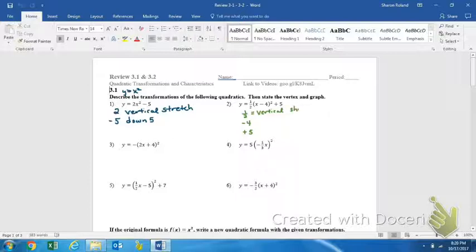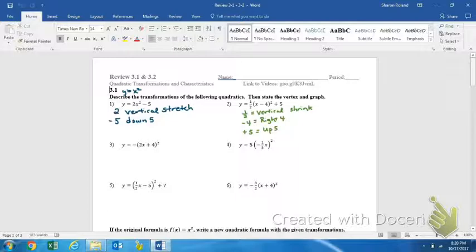The fractions are shrink on the vertical. The -4 is inside the parentheses, so what the -4 does is opposite of what it looks like. It looks like it should move left, but we don't pay attention to our x's, so that's going to be right 4.